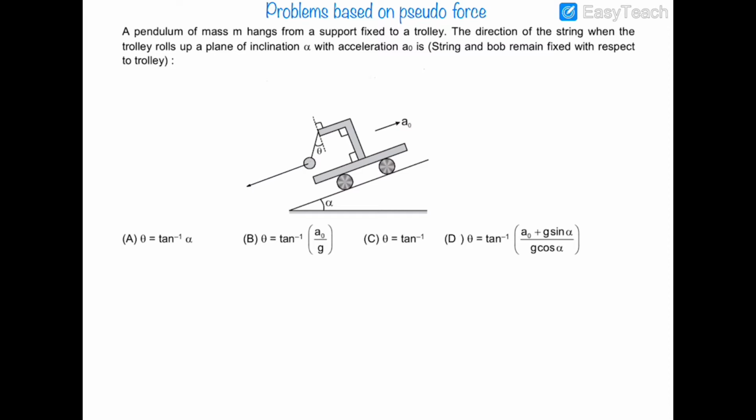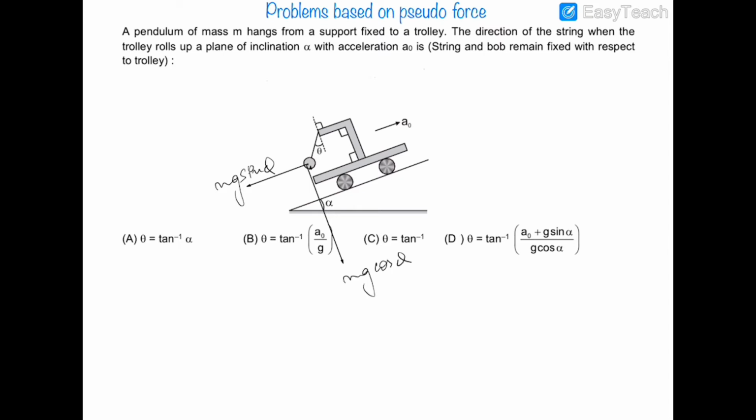this is mg sin theta, mg sin theta. Okay, now this will be mg cos theta.